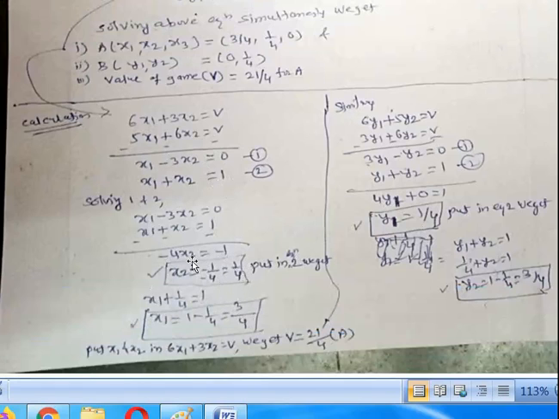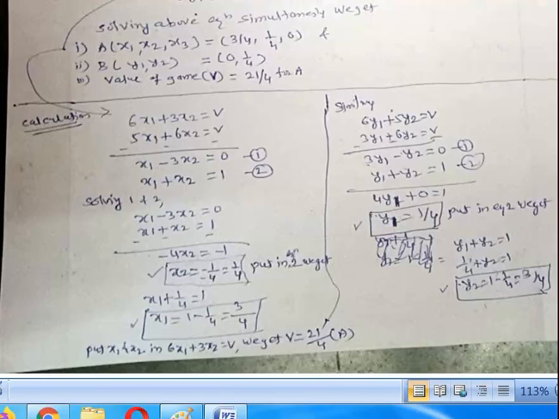You have to put this x2 is equal to 1 by 4 in equation number 2, and we get x1 is equal to 3 by 4. So we got x1 is equal to 3 by 4, x2 is equal to 1 by 4. You have to put this value in any one of the equations. We get the value of game is equal to 21 by 4 for player A.